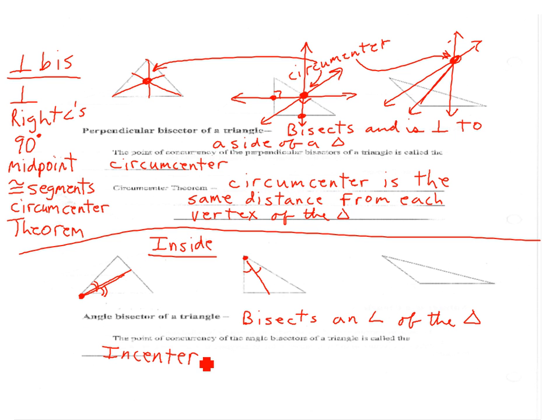So whenever you hear angle bisector, and I'll probably write it out this way just to abbreviate, angle bisector, that should tell you that you have congruent angles, because the angle is being bisected.